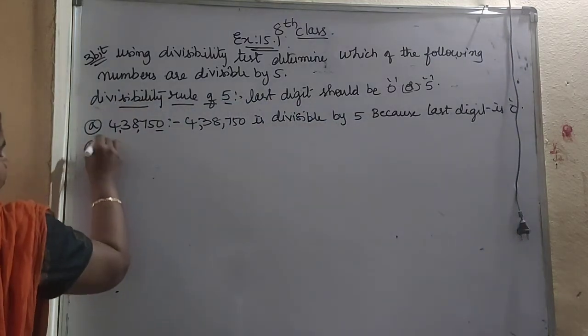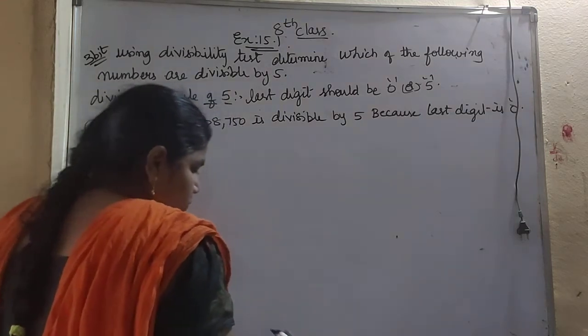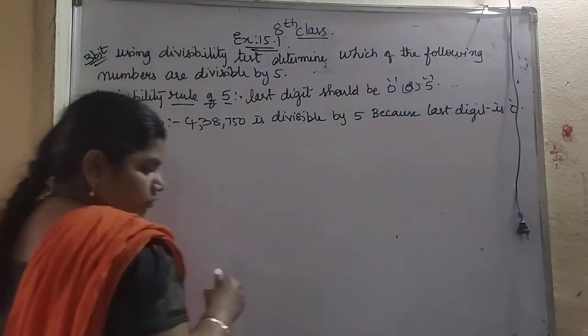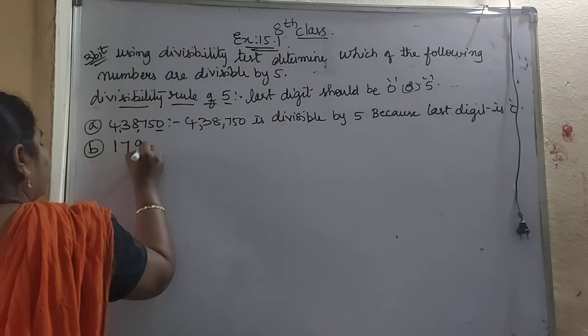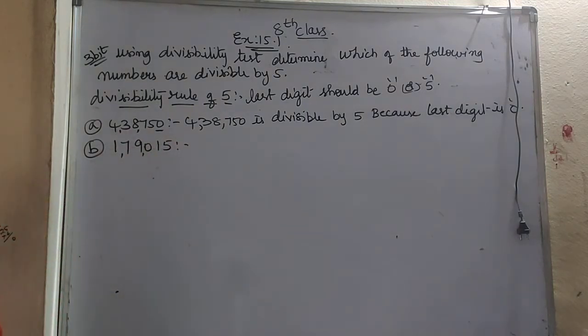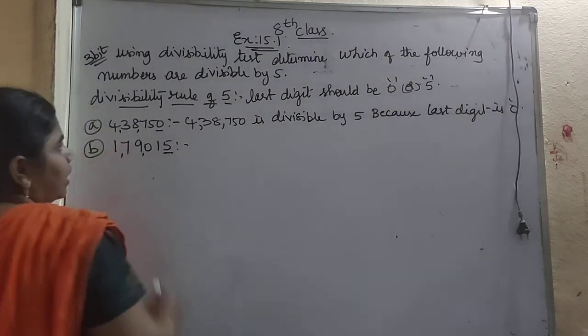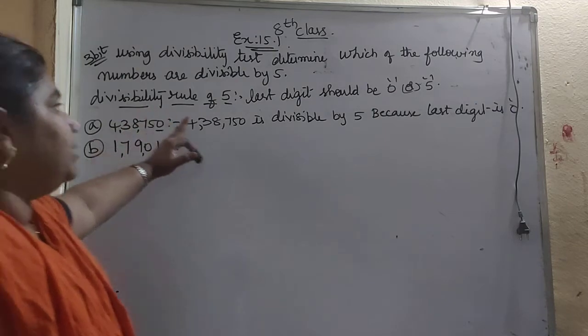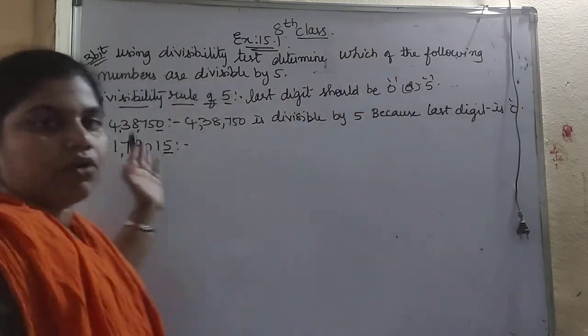Second one, B. What is B? That is 179015, 1,79,015. What is the last digit? Last digit is 5. In the rule, it should be 0 or 5, so now it is 5.